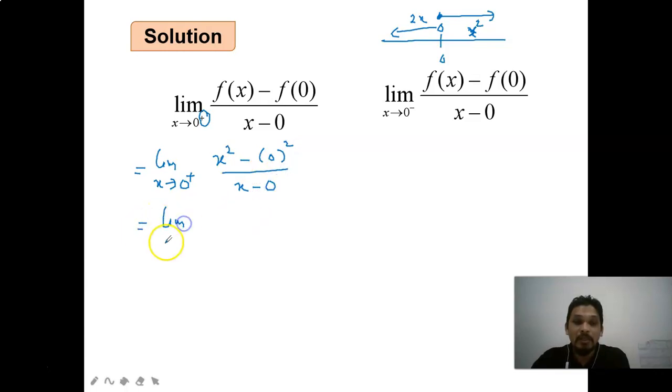So then limit of x approaching 0 from right, x squared divided by x minus 0, so x squared divided by x, so there's only one x left here.